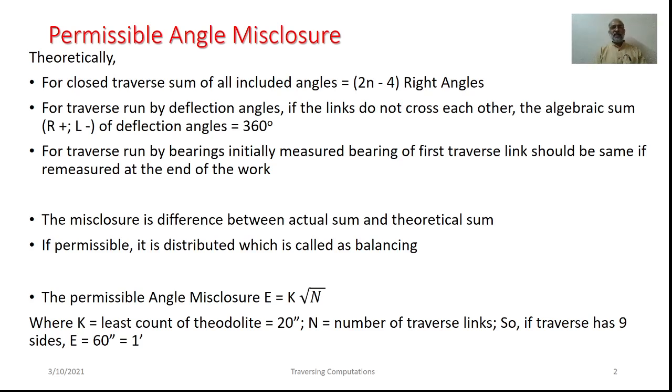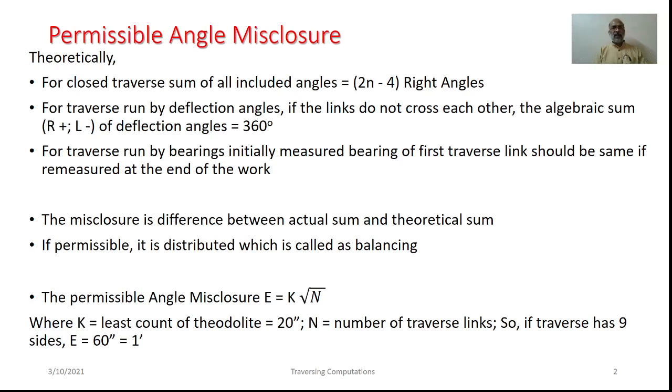So here the misclosure is the difference between the actual sum that we compute and the theoretical sum that is worked out for the kinds of traverses that we discussed above.